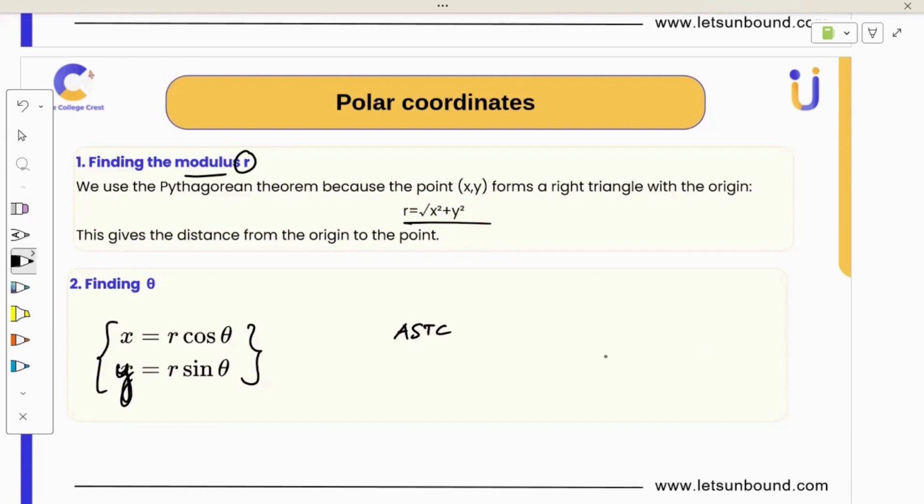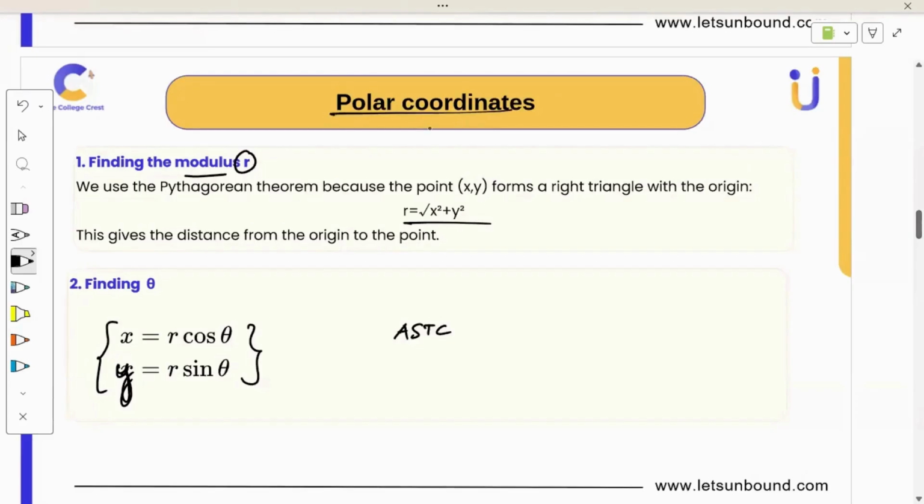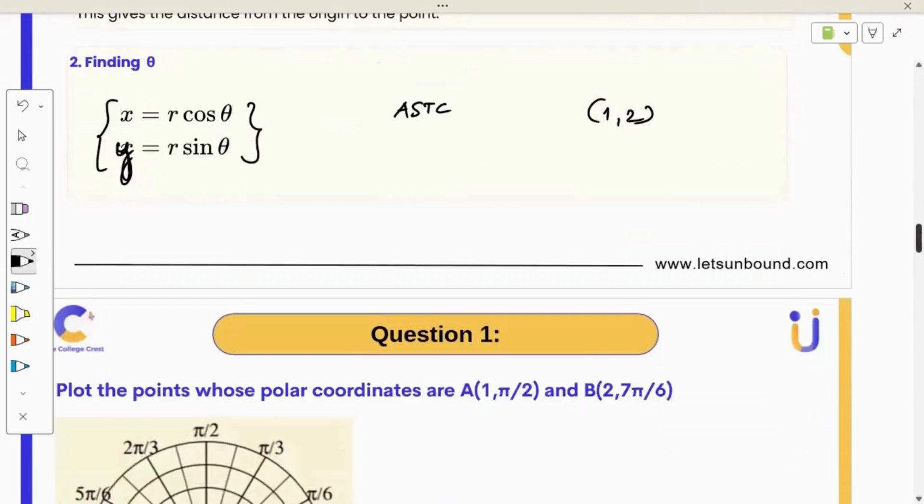That's the way I will find r and theta, and then I have the polar coordinate. One more thing: the polar coordinate is not unique. In Cartesian coordinates, 1, 2 is just 1, 2, but in polar coordinates one point can be represented in multiple ways. Keep this in mind, and with this we are moving into our question solving.